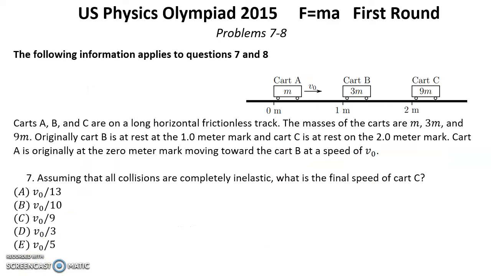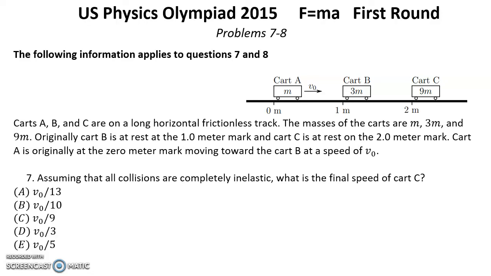Problems 7 and 8. The following information applies to questions 7 and 8. Carts A, B and C are on a long horizontal frictionless track. The masses of the carts are m, 3m and 9m.